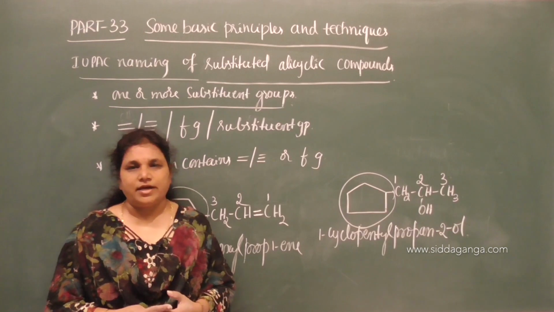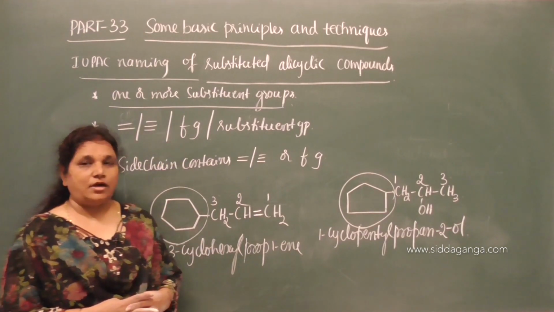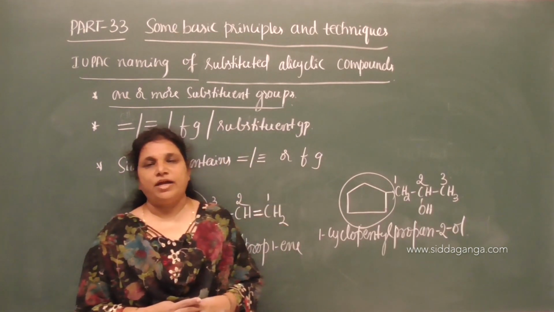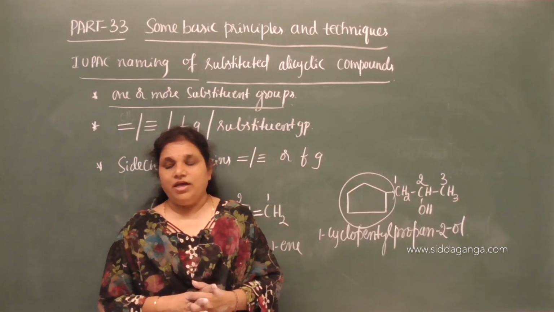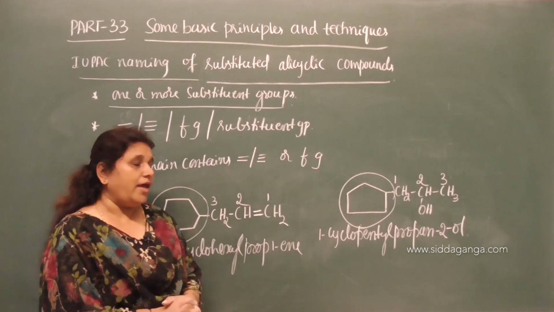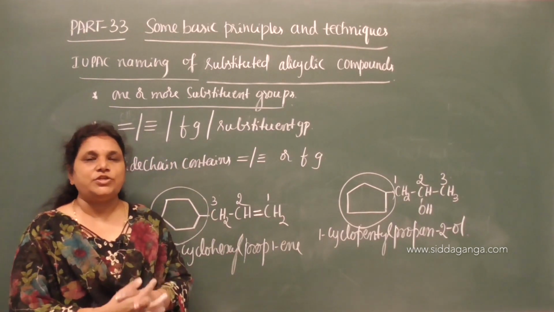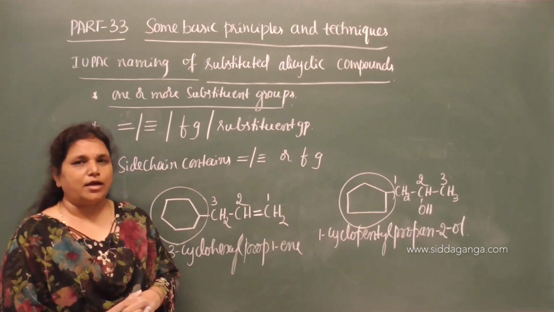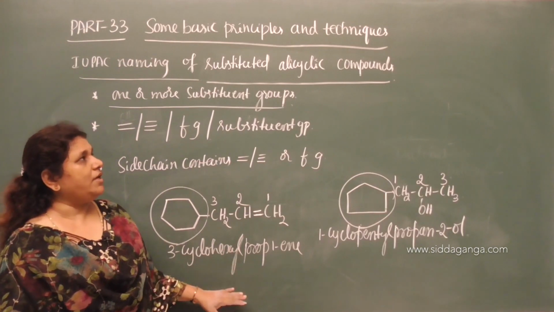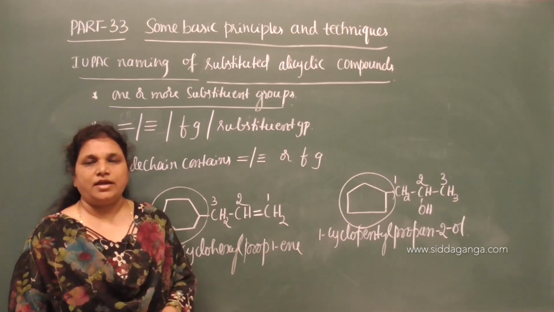Whenever the side chain contains multiple bonds or a functional group, definitely we need to give the preference for the multiple bond and the functional group. If that is the case, we have to name the compound as an alicyclic ring substituted organic compound. So this is about some rules while naming substituted alicyclic compounds.